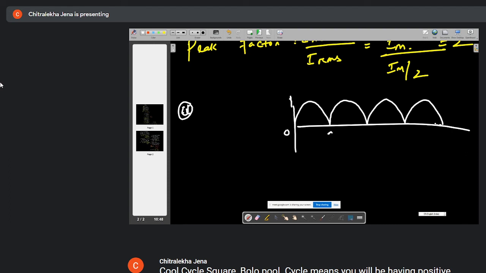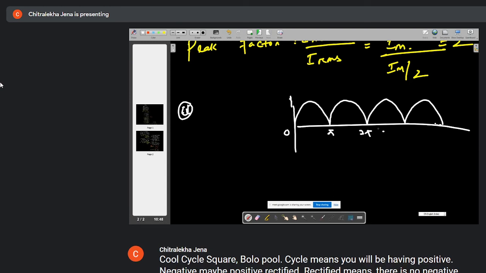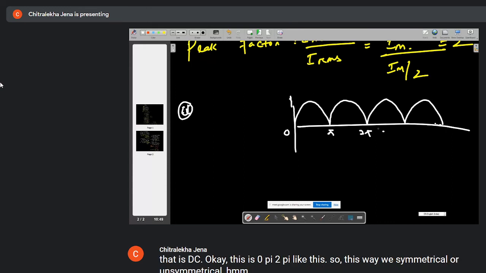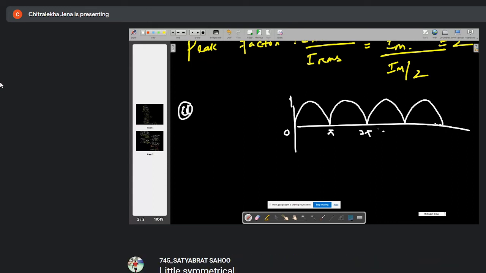Okay, this is 0, pi, 2 pi like this. So this wave is symmetrical or unsymmetrical? No, it is symmetrical. Symmetrical. Okay, so you can consider the half cycle.